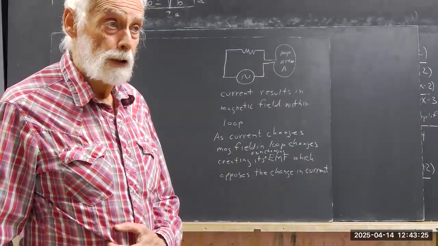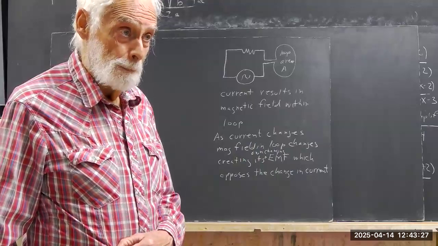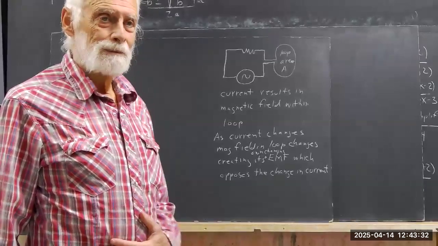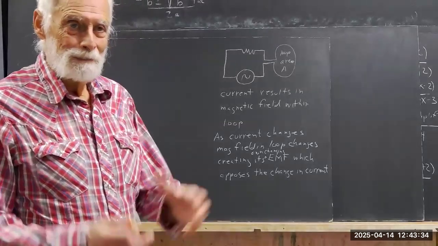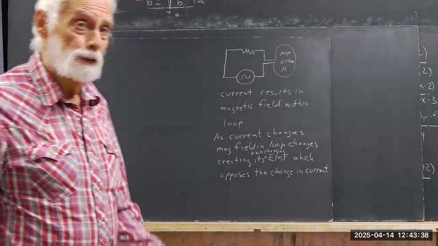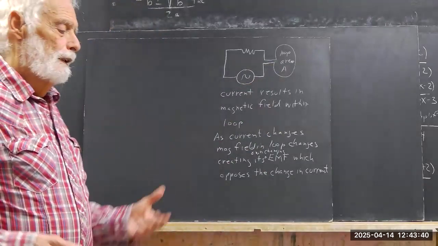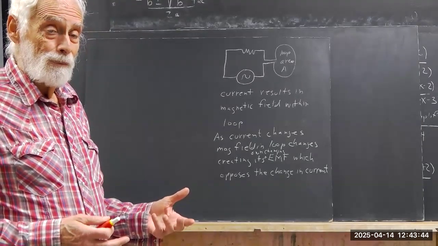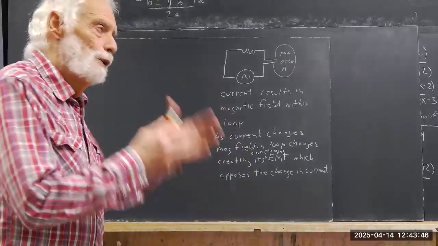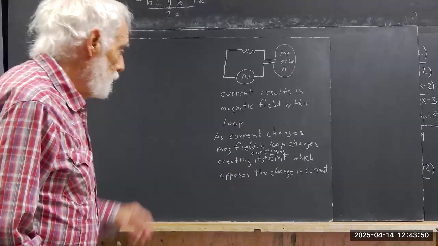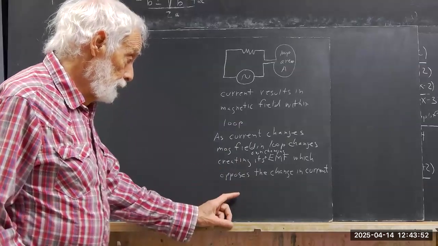So it slows down the change in current, which is why it's not quite correct. In some cases it'd be really incorrect, depending on the inductance of that loop, which is the amount of back EMF you get per unit rate of change of current. That's a mouthful. Hopefully you understand things well enough to follow that.